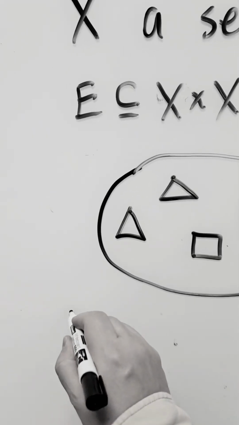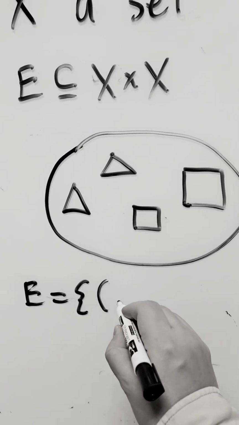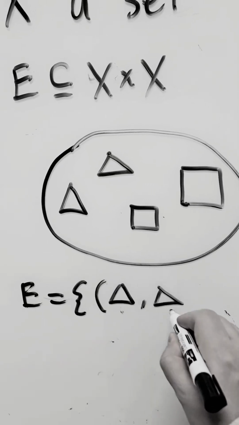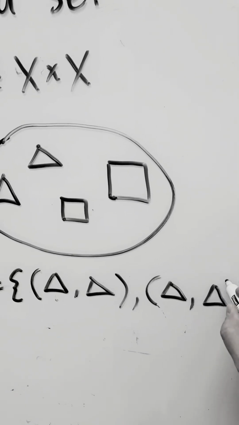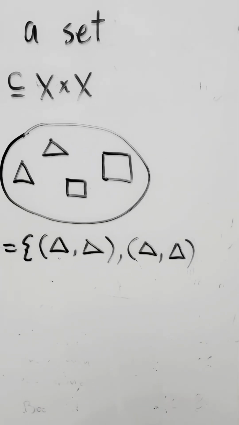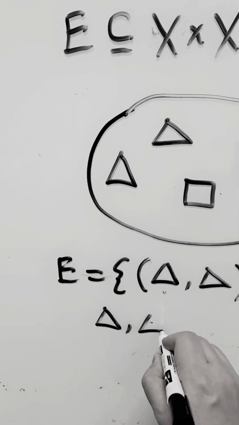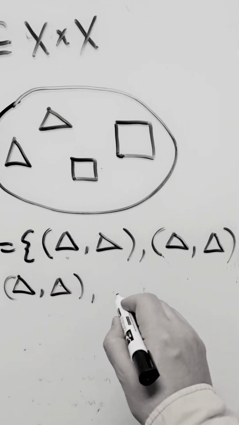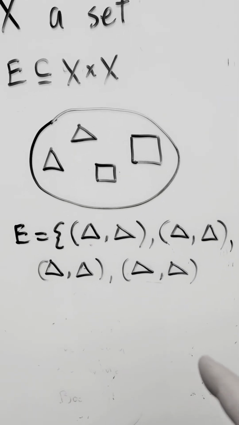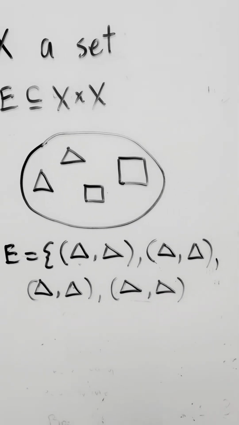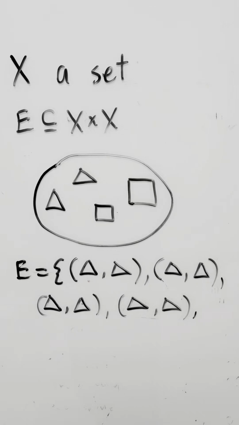So in this case, our E will be the set of ordered pairs consisting of the first triangle and the second one, as well as the second triangle and the first one, which must be there due to the property of symmetry, also of the triangle with itself for each of the two triangles, which must be there because of the property of reflexivity. And then in the same way, similar ordered pairs will be formed from the squares.